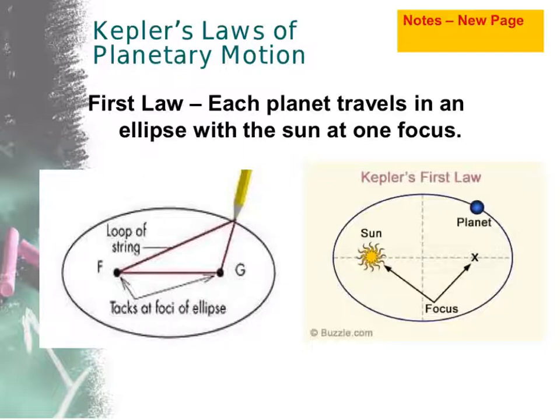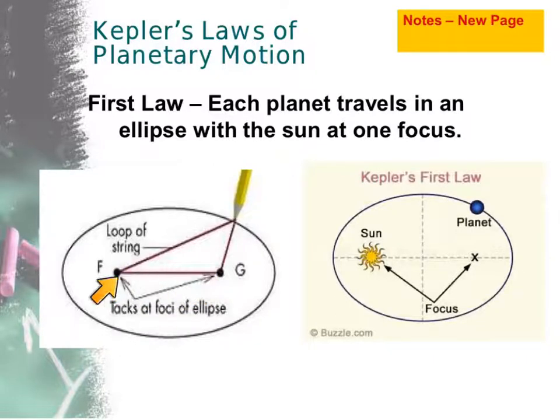Now, that's some math. An ellipse is a mathematical shape, and you can actually create this shape by sticking 2 push pins into a piece of paper, or cardboard or something like that.